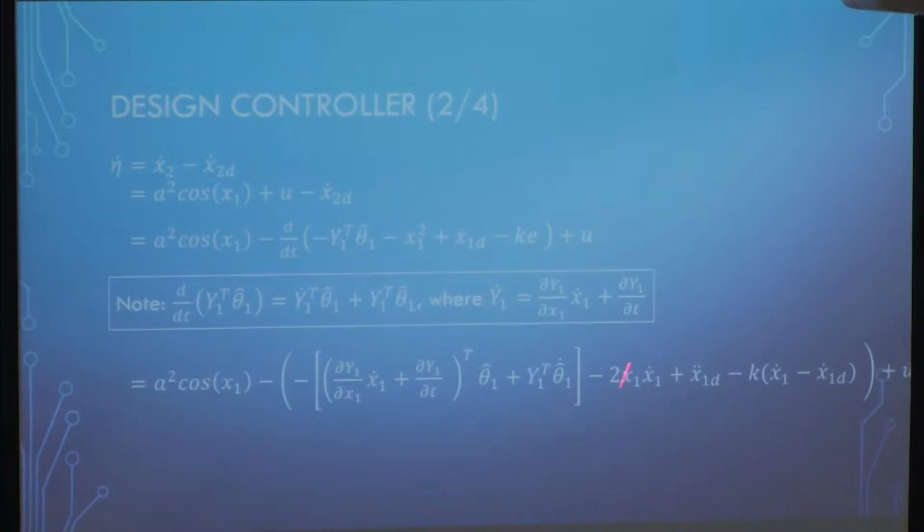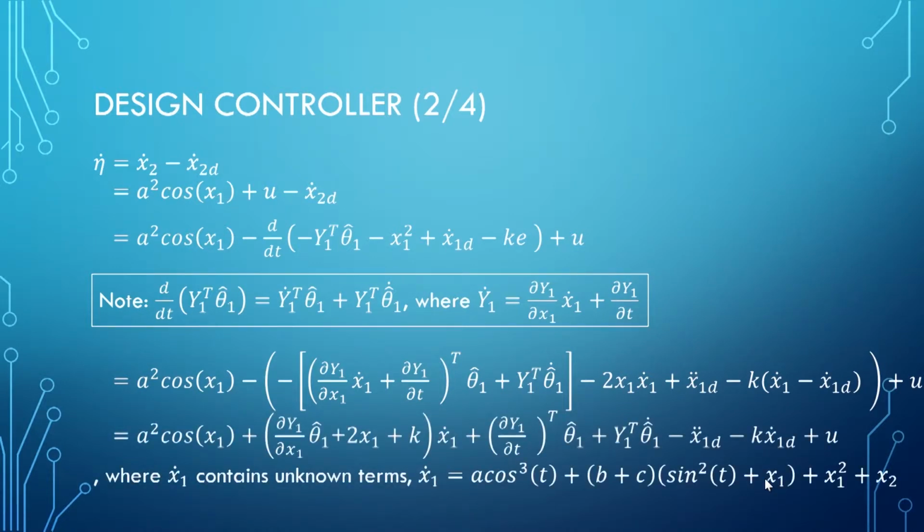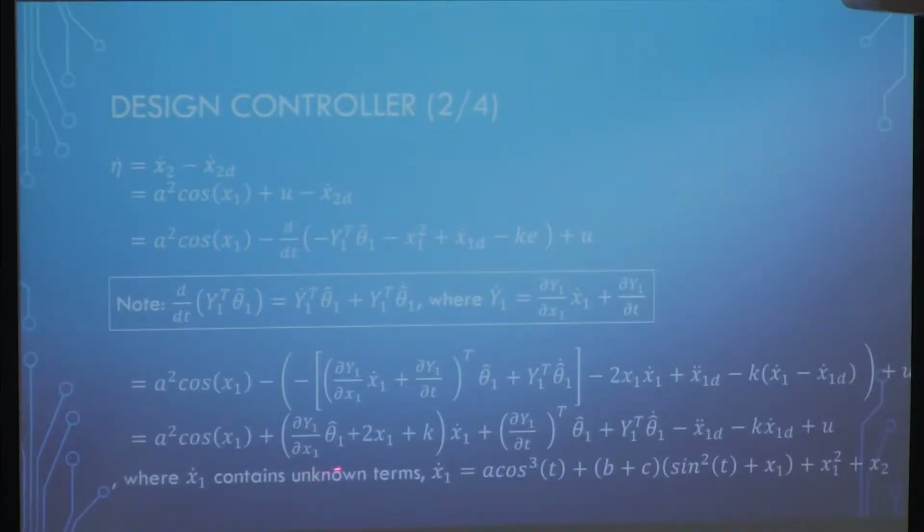And this part is just the time derivative of x1 squared and the time derivative of x1d dot and k and this term. So next, what you need to do is regrouping. The difference here is regrouping.